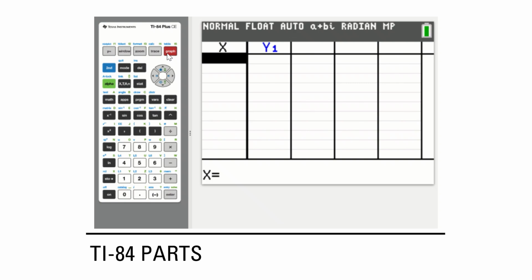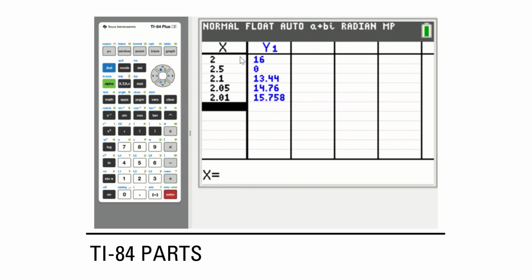Now, according to the work that I was showing you a second ago, then we know what X values to put in. We know to put in a 2, 2.5, 2.1, 2.05, and then 2.01.